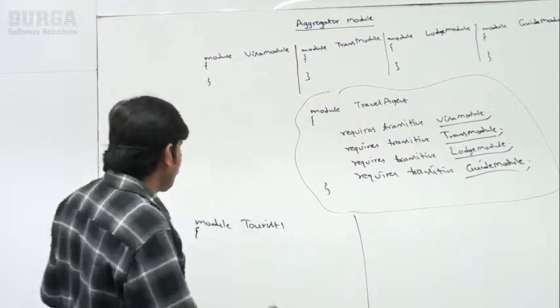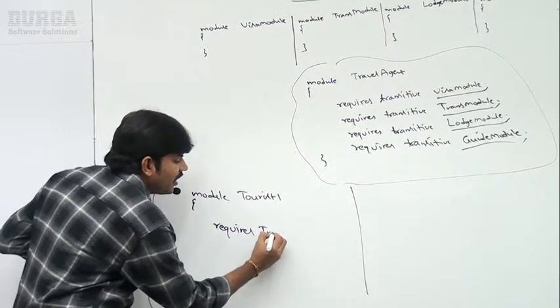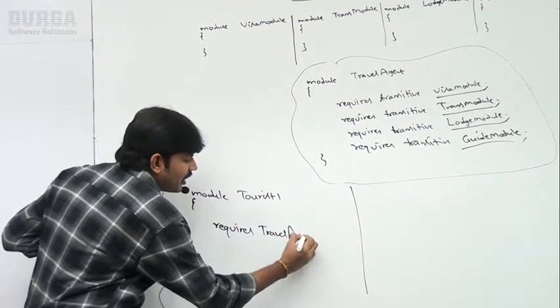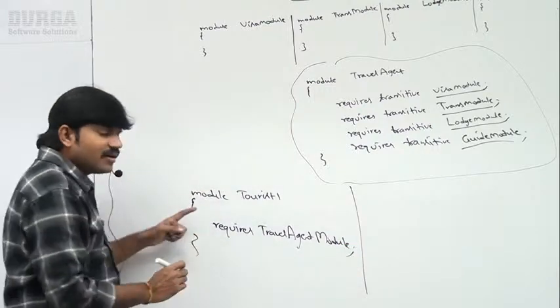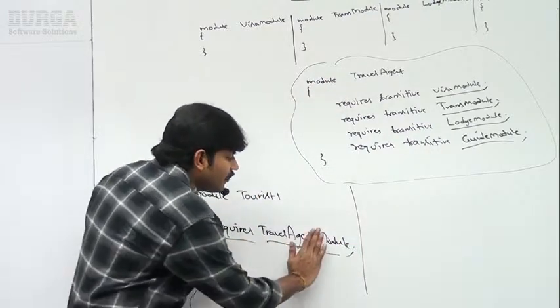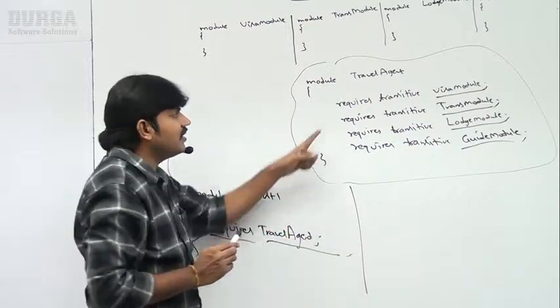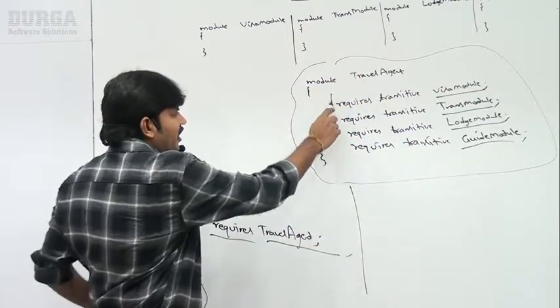That's why what I will take is requires travel agent module. If I use requires travel agent, automatically all these modules are available by default or not?